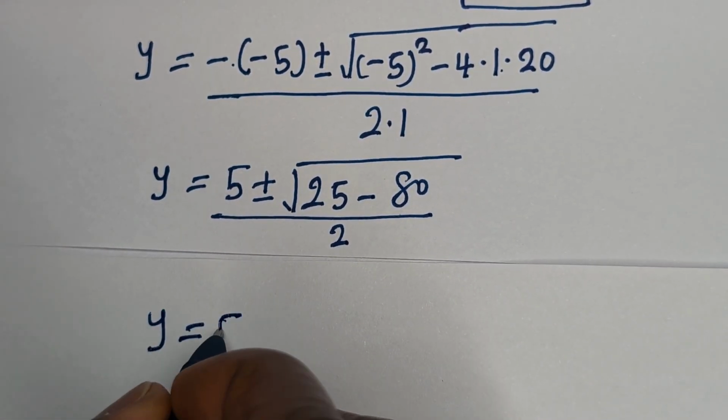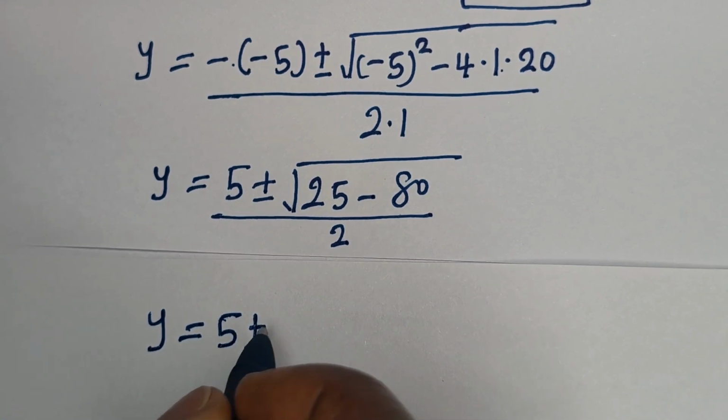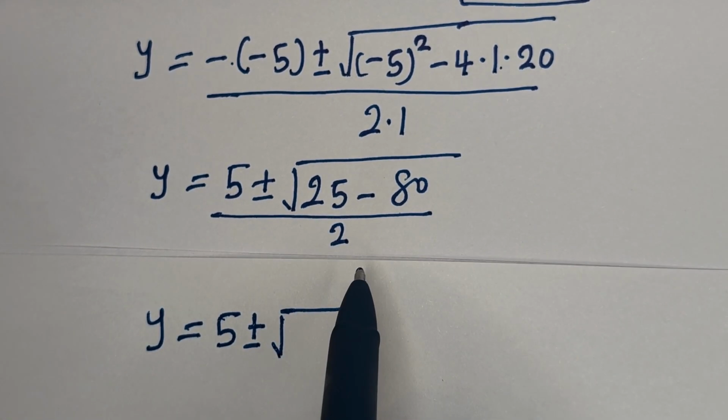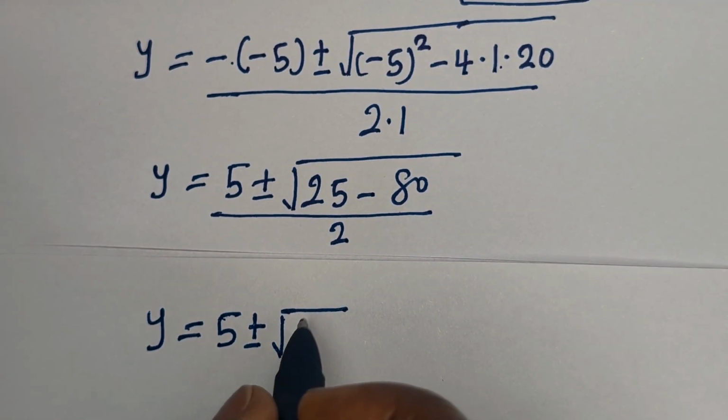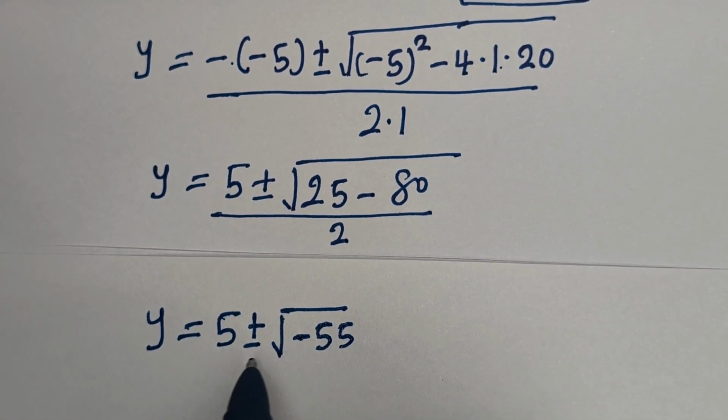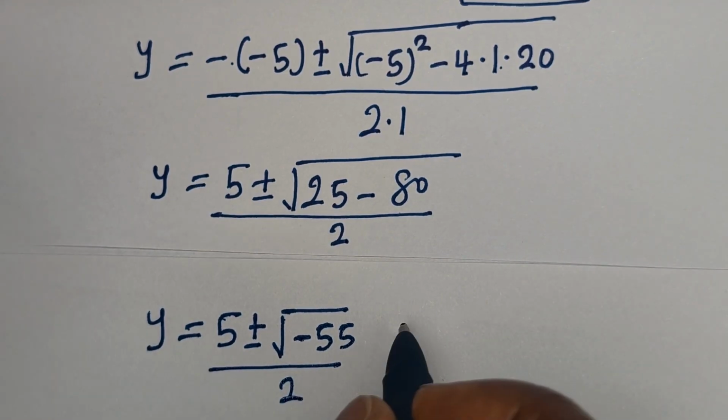y is equal to 5 plus or minus square root of 25 minus 80, that is minus 55, over 2.